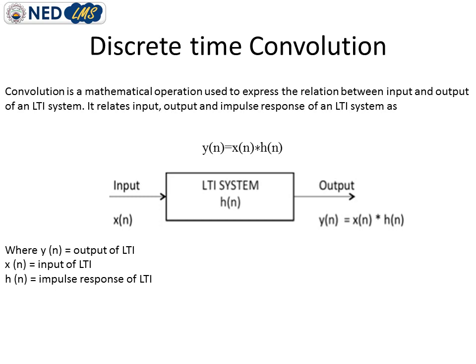So we can define the convolution by y of n is equal to x of n convolution with h of n. Or using a block diagram, we have input x of n, an LTI system, and we know the impulse response of that LTI system. So we can easily determine the output of that system by using the convolution technique: y of n is equal to x of n convolving with h of n.